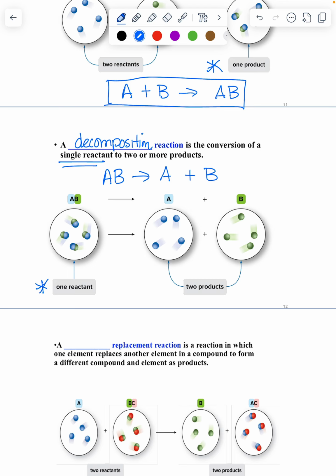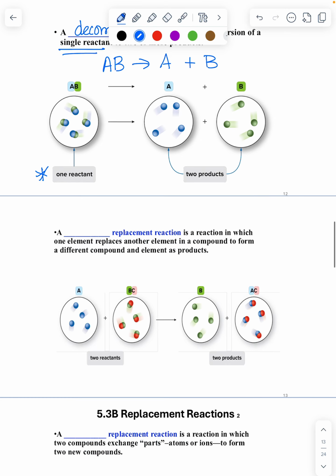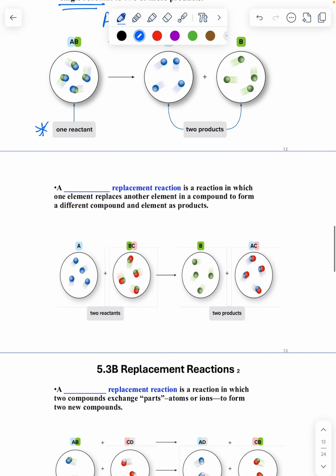All right, the next one is the single replacement. It says it's a reaction in which one element replaces another to form a new compound. So every time you're going to have a single element, that would be the A, trying to replace something in the compound.